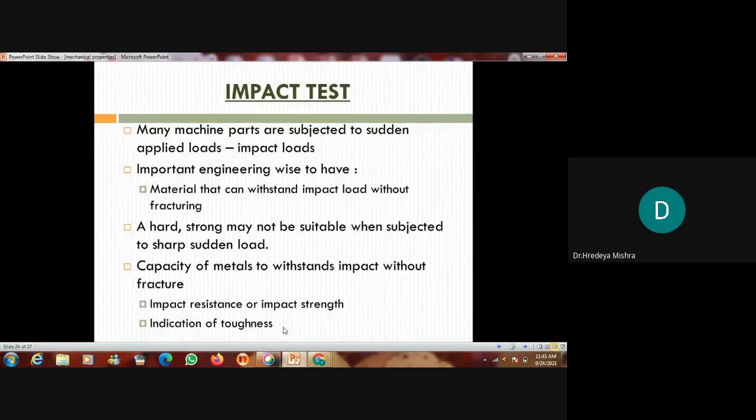It is an indication of toughness. Means if any material passes the impact test, then the toughness of that material is much higher. You can take an example.